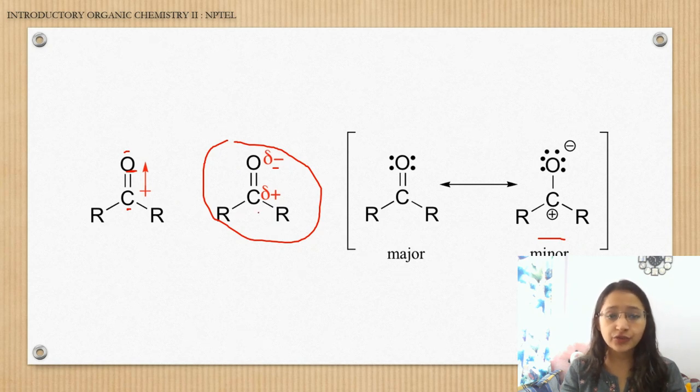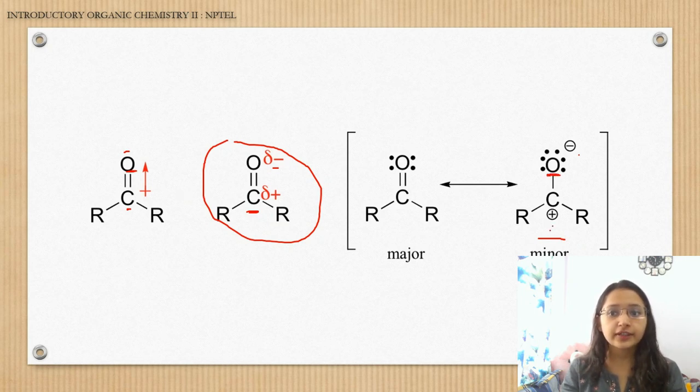Will it act as a nucleophile to another species? No, because it is highly electron deficient now, so it is not acting as a nucleophile here. The oxygen atom has a partial negative charge, so it acts as a nucleophilic species.